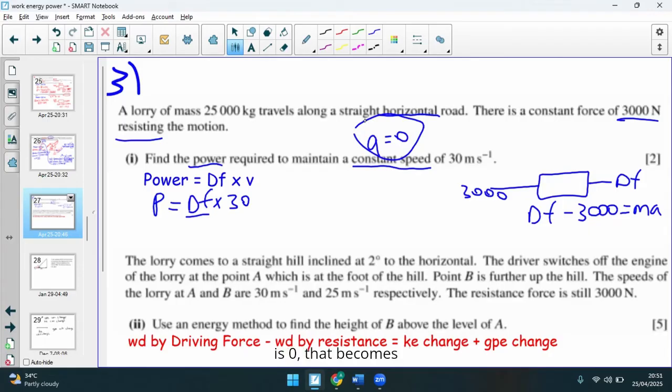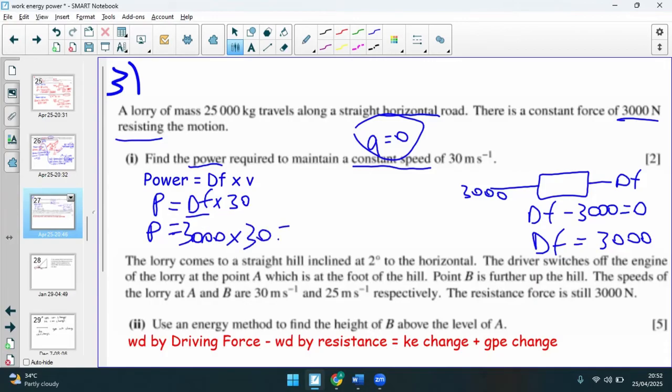Because acceleration is 0, that becomes 0, and so DF is just 3000. Easy. Sorry about the writing. That gives you 90,000, which is 90 kW.